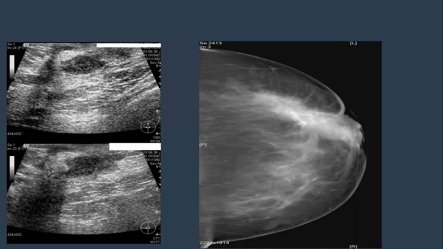From the mammography, involvement of the nipple. It looks like a non-benign or malignant process.